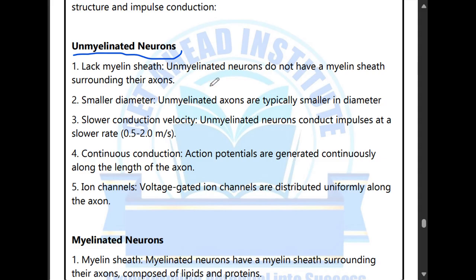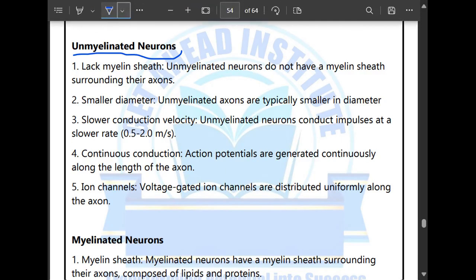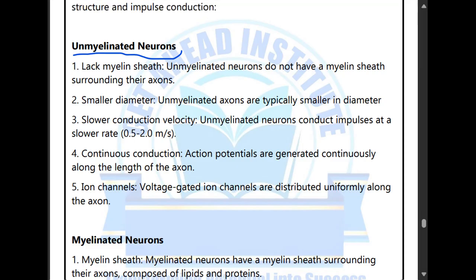They lack a myelin sheath, so they do not have a myelin sheath surrounding their axons. They also tend to have a smaller diameter.